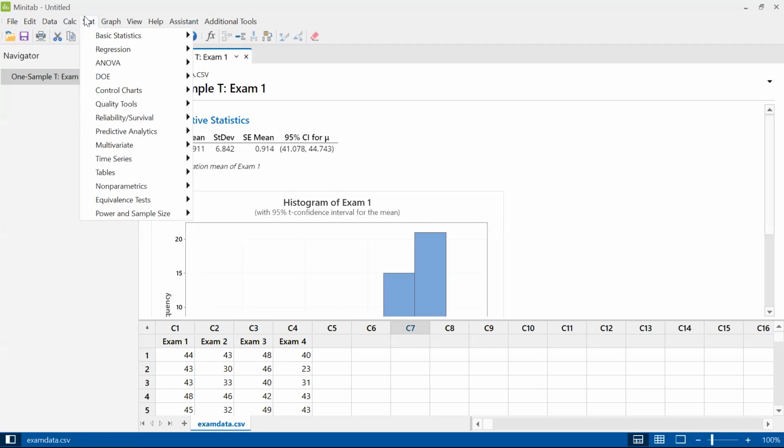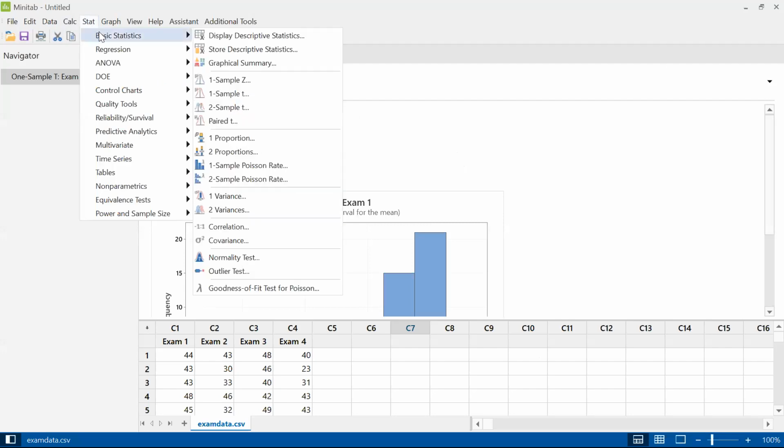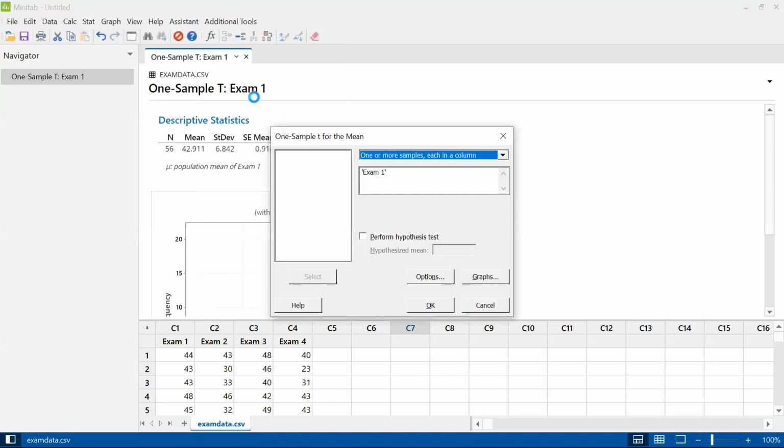Okay, so in Minitab, we do Stat, Basic Statistics, One-Sample T, and I'm no longer using exam 1. Let's get rid of that. Now I'm using the data from exam 2. I want to perform a hypothesis test, and the number I'm comparing to is 43, which isn't even exactly the number I got in exam 1.